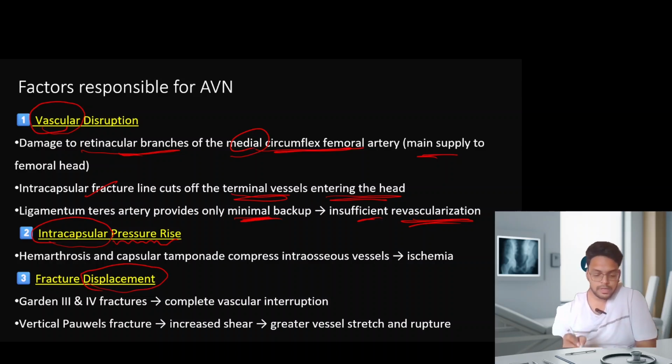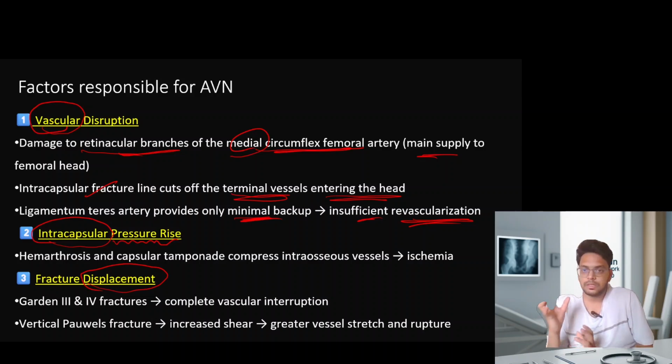And because of the intracapsular area, the hematoma, or whatever blood is coming out from the fracture region, will not escape into the soft tissues. It will build up a tamponade effect inside the capsule area. In a closed, solid container, if you fill it with some liquid, close the lid and seal it tightly, and try to inject more fluid into the container, what will happen?